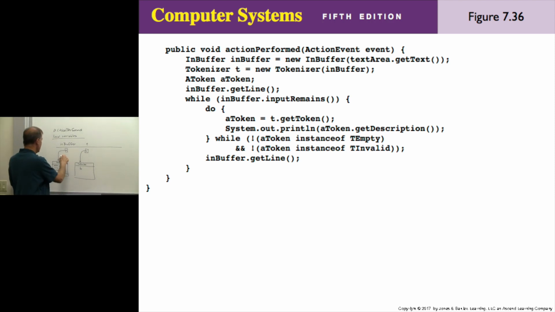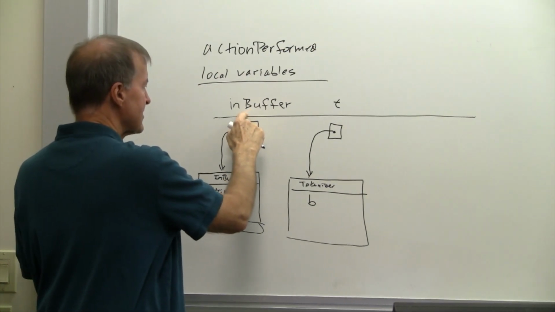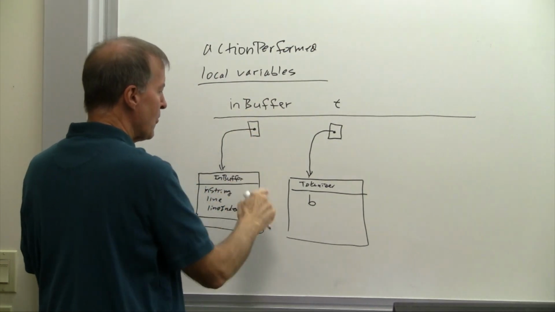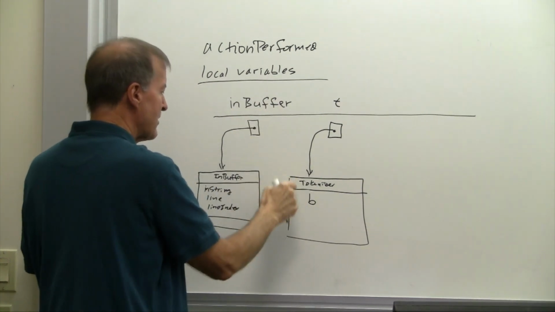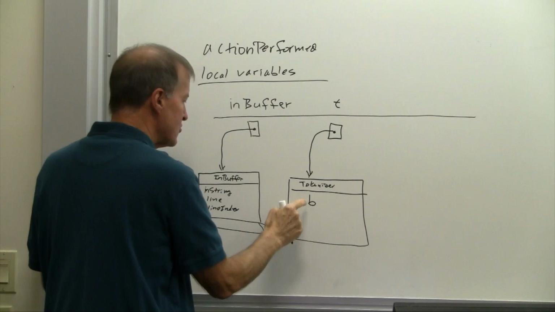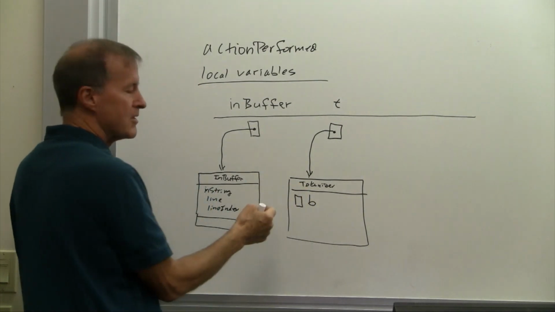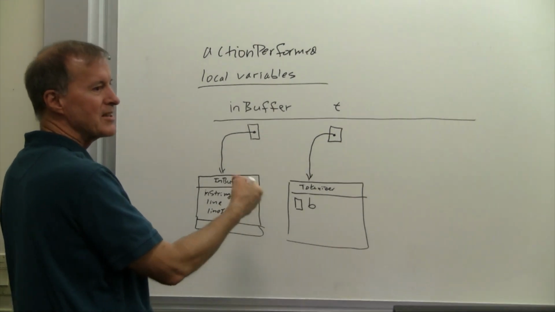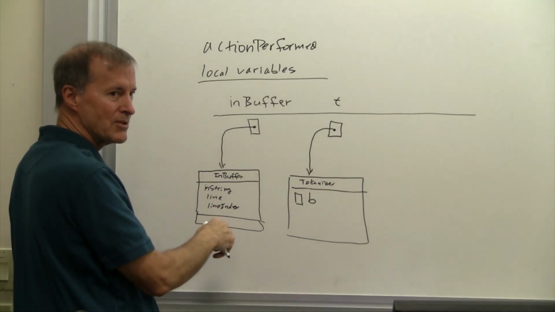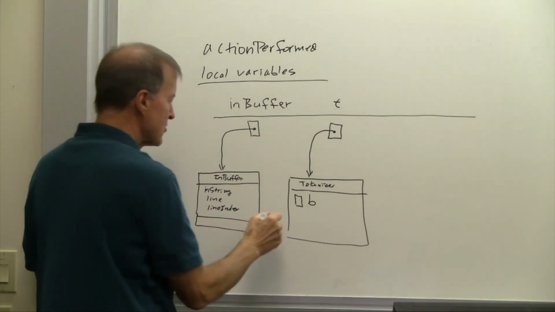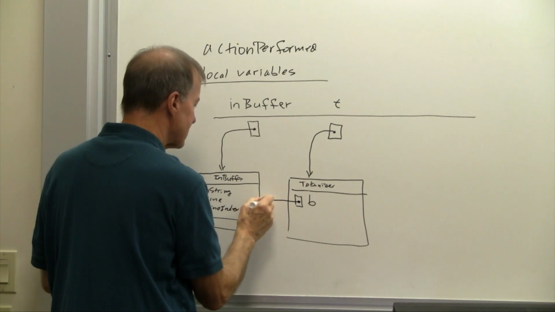Okay, so here this is our inBuffer. So if we pass this and b gets this, what does that make b do? Point to the same thing that inBuffer is pointing to, because it's a reference variable. Now, is everybody clear on that? So what that does is that makes b point to this.